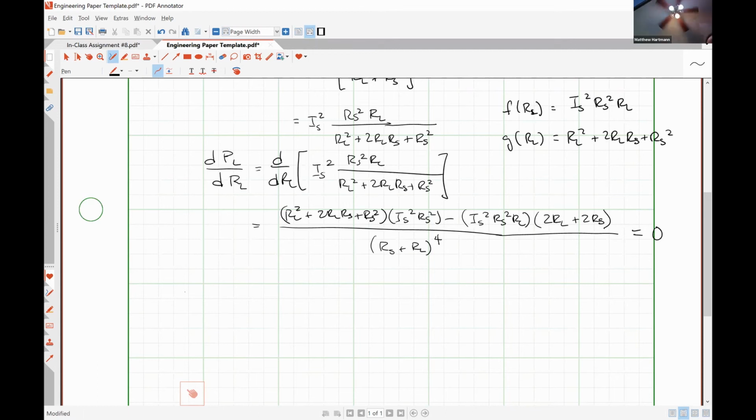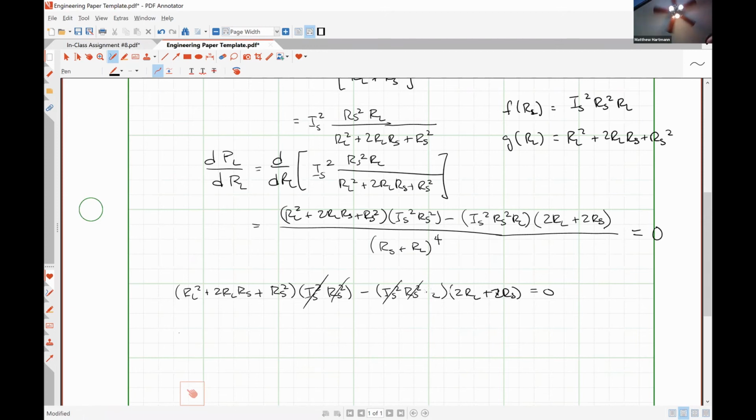So RL squared plus twice RL RS plus RS squared, times IS squared RS squared, minus IS squared RS RL times twice RL plus twice RS, is equal to 0. So we still have that common factor of IS squared that we can get rid of. We still have a common factor of RS squared that we can get rid of.